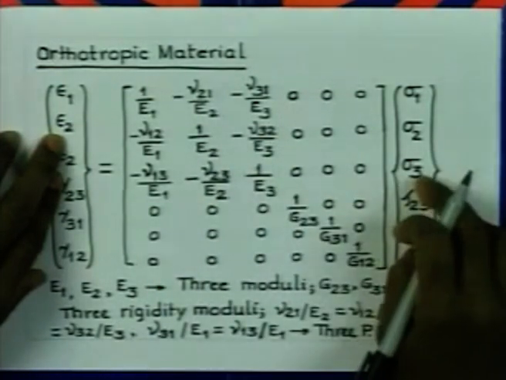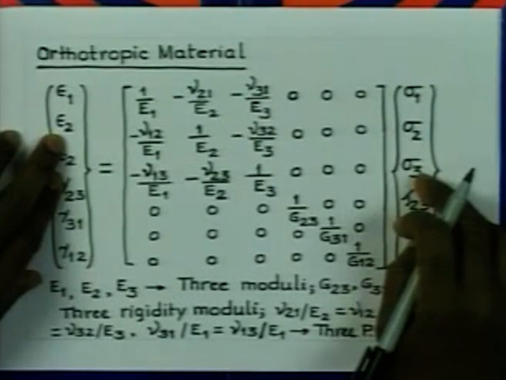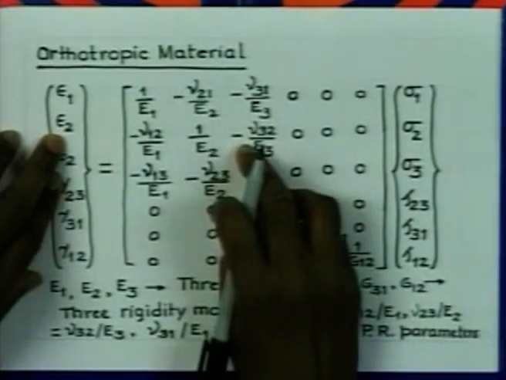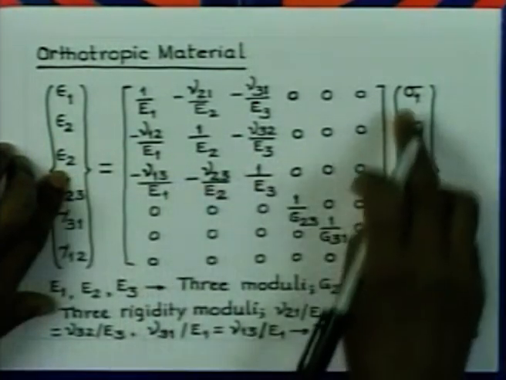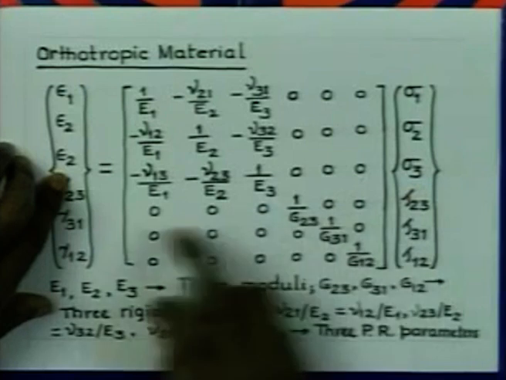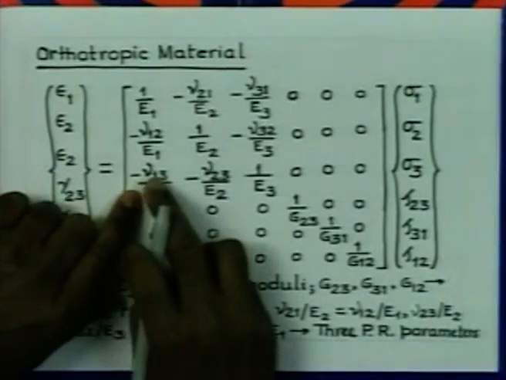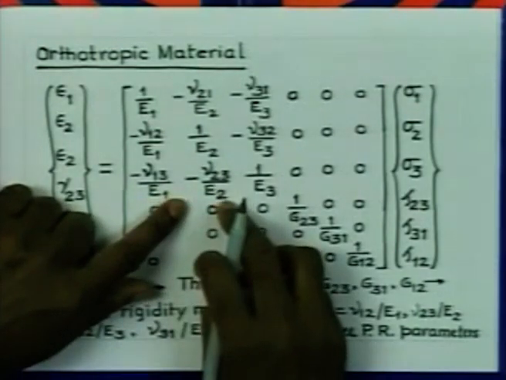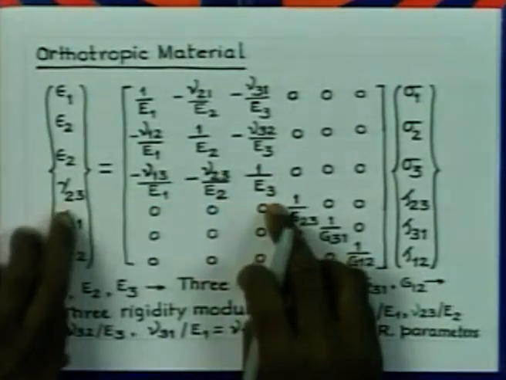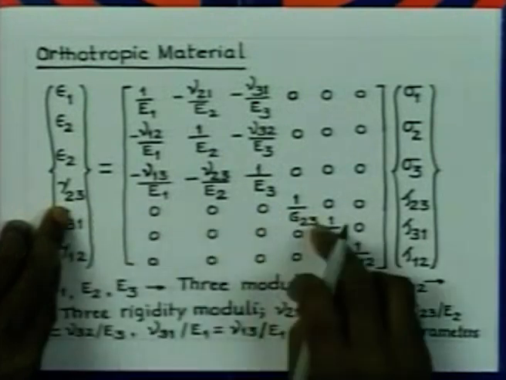So, if the strain in direction 3 is tensile, we are going to have contraction in direction 2. Similarly, we can write epsilon 3 also considering all 3 stresses, and they are going to have constants like minus nu 13 by E1, minus nu 23 by E2, and 1 by E3.